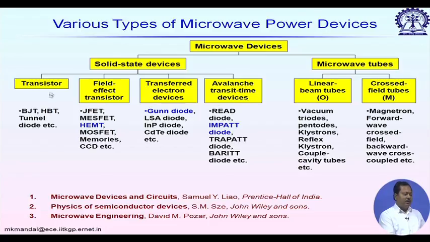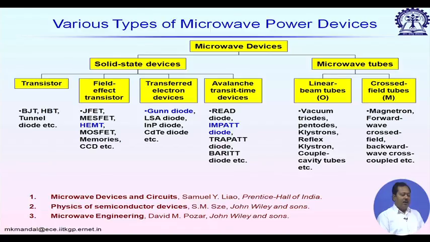Under transistor we have bipolar junction transistor, HBT, tunnel diode, etc. Under field effect transistor we have JFET, MOSFET, MESFET, HEMT, and different types of memory and CCDs. Under transferred electron devices we have GaAs diodes, LSA diode, indium phosphide diode, and other types of diodes. And under avalanche transit time devices we have read diodes, IMPATT diodes, TRAPATT diode, BARITT diode. So, they are categorized according to their working principles.